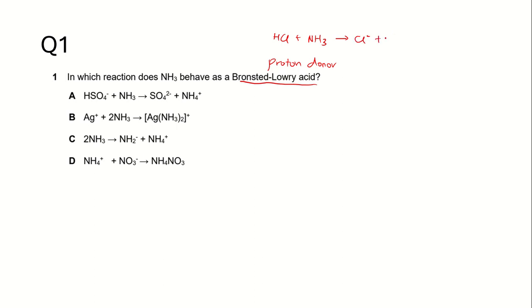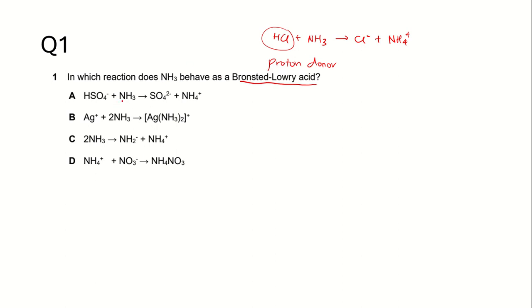And ammonia as a base will accept the proton, so it becomes ammonium. So in this case, as a proton donor, HCl is a Brønsted-Lowry acid.